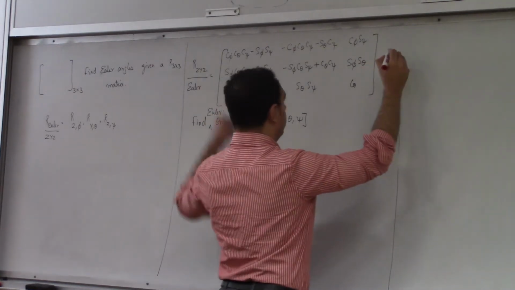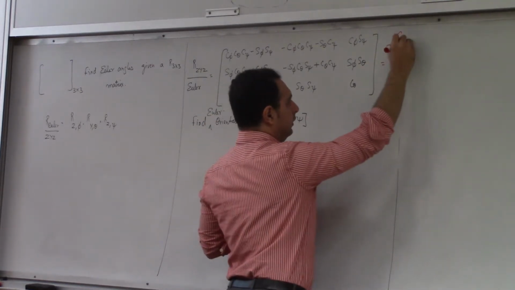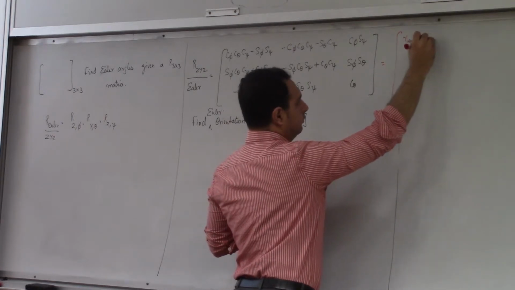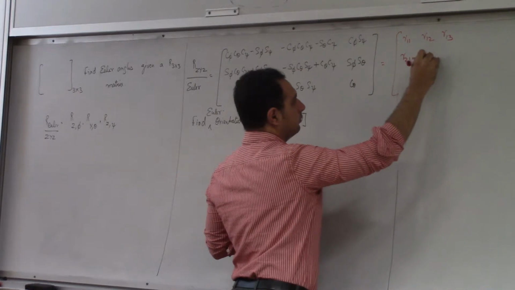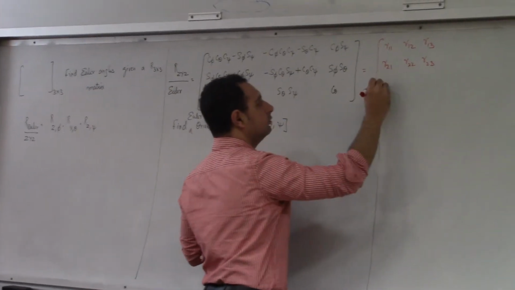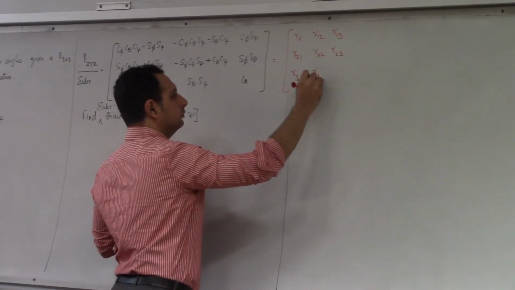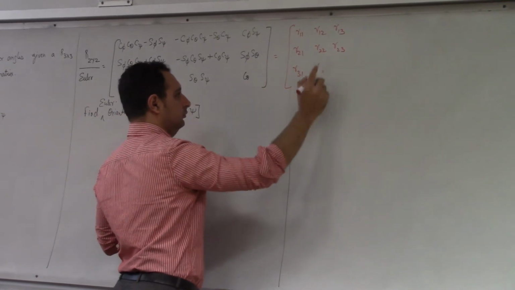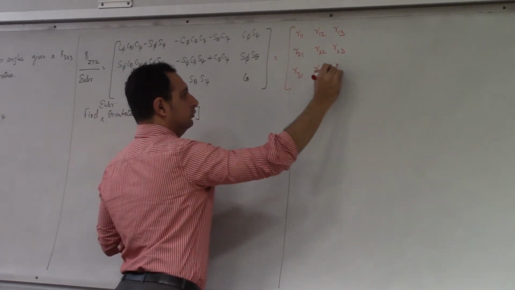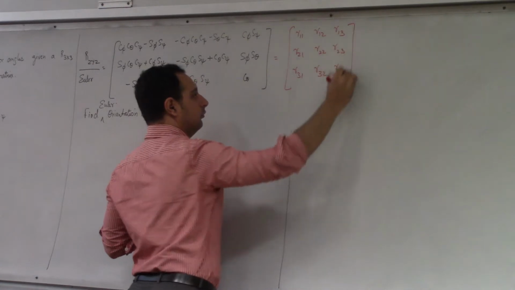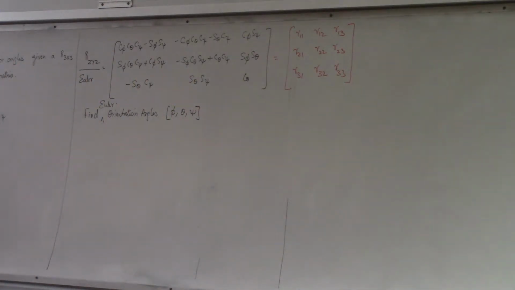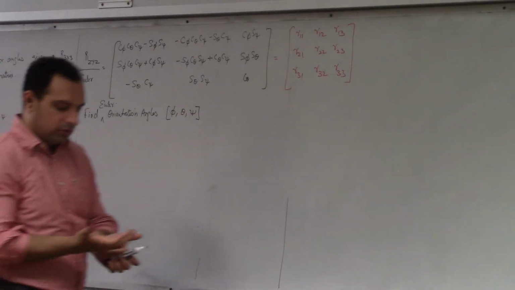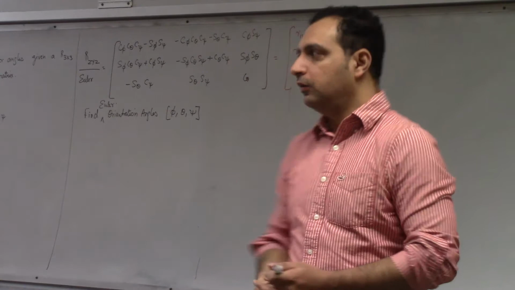All right, now let's say that this matrix is equal to, because we cannot write this whole thing all the time, let's call this a rotation matrix, and each of the elements is defined by its row and column.